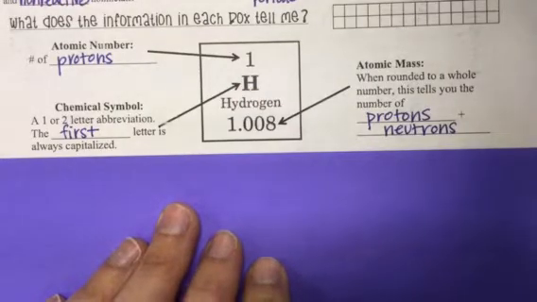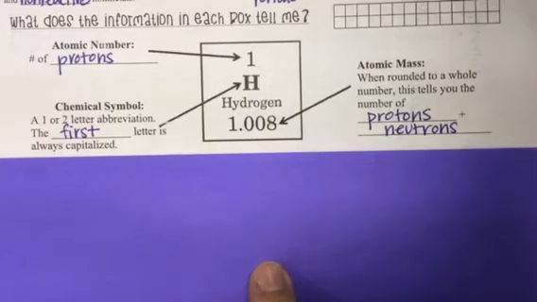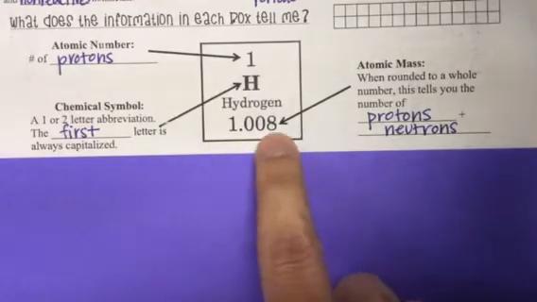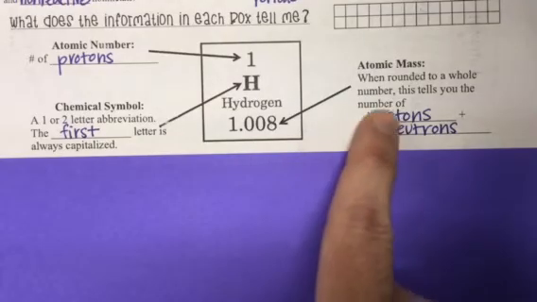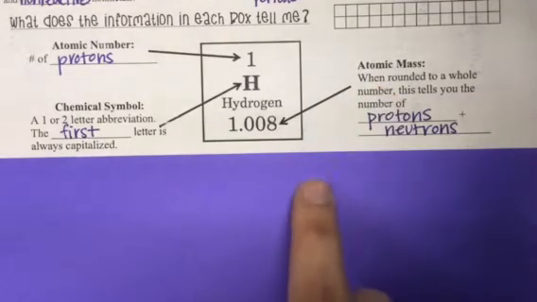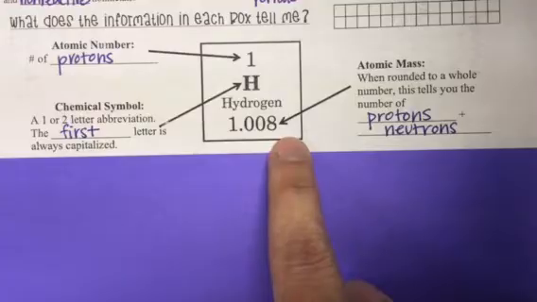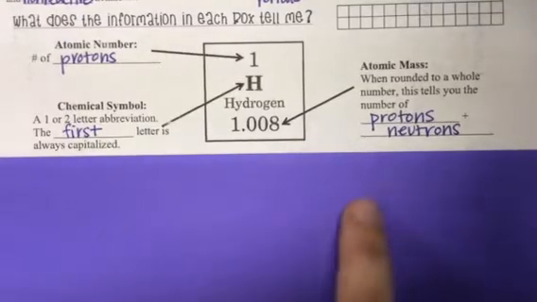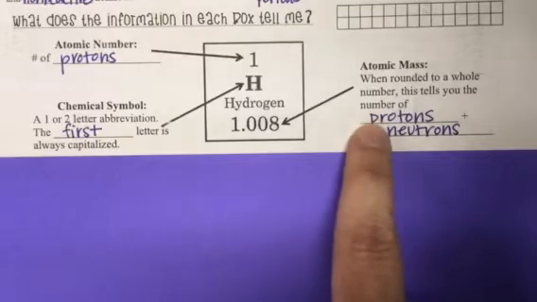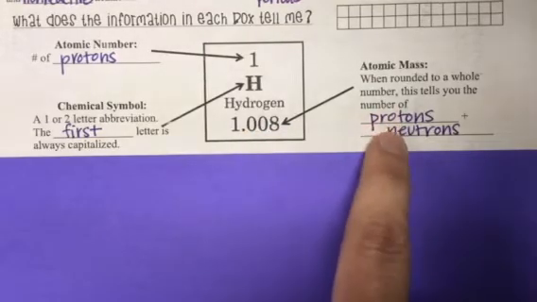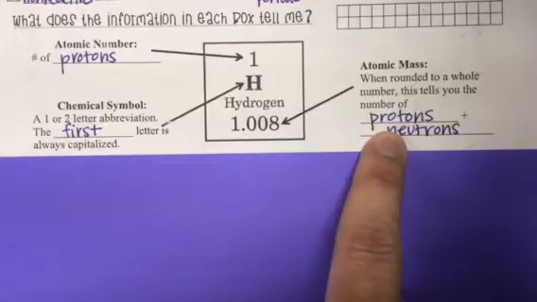The first letter is always capitalized. And then this decimal number that's usually at the bottom of the box is going to be the atomic mass. So when we round this to a whole number, that's going to give us the protons plus the neutrons. So these are already added. So that's the sum of the number of protons and neutrons in the nucleus.